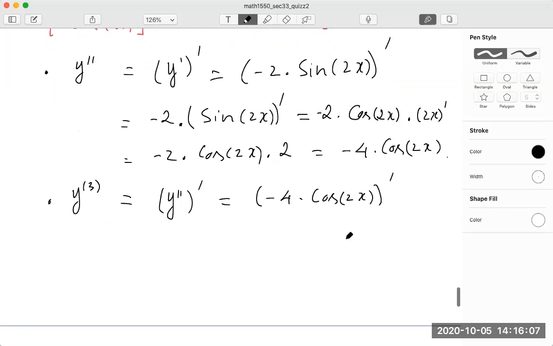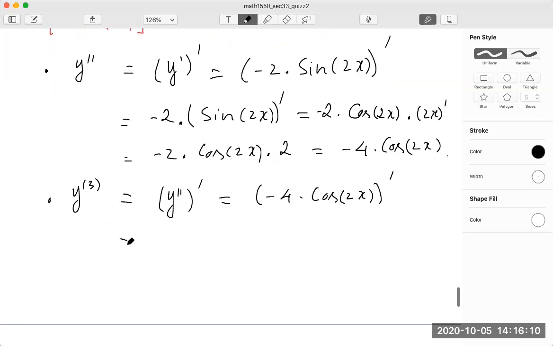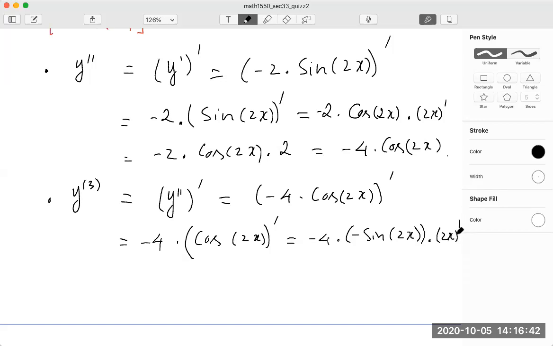And again, for the derivative of a constant times a function, we can take the constant out, and now it would be the derivative of this function. And again, we use the formula. The derivative of cosine of u will be negative sine of u times u prime. Very good.